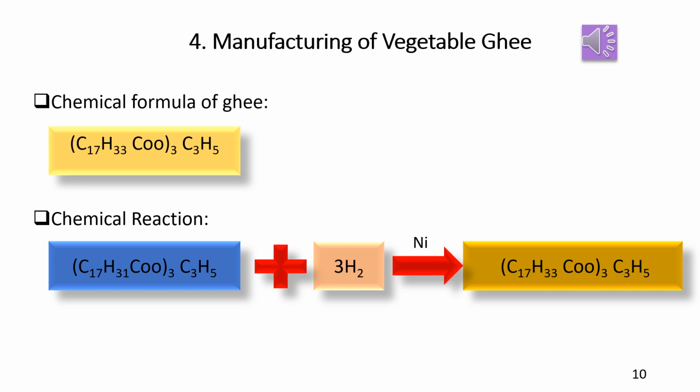It will react with hydrogen gas in the presence of nickel catalyst and produce the vegetable ghee C17H33COO taken thrice C3H5. So by the reaction of unsaturated fat with hydrogen gas and nickel catalyst, it will produce the vegetable ghee.